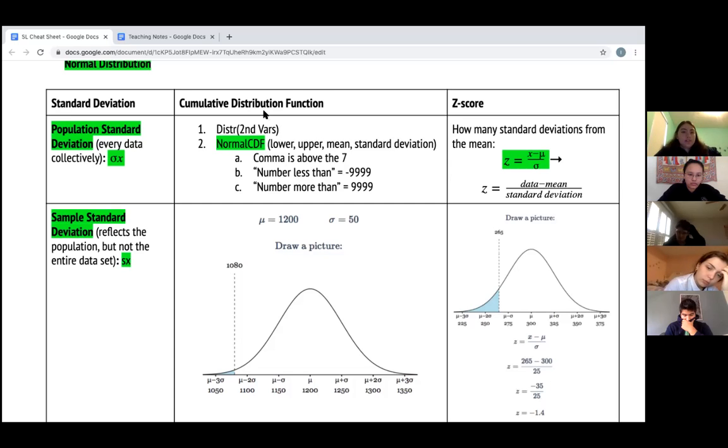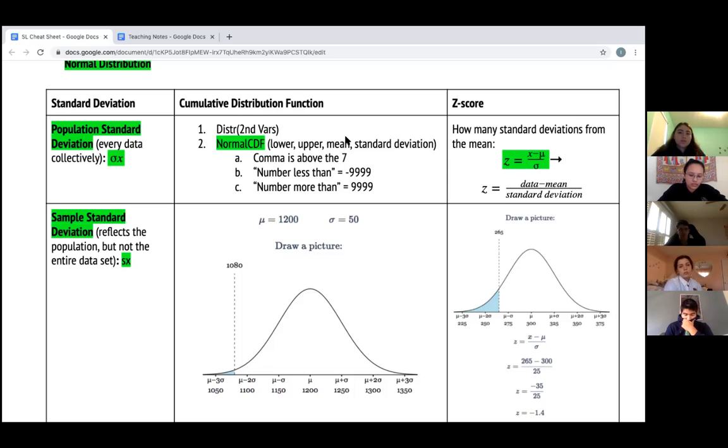The representation for that would be SX, which means sample standard deviation. A way to remember that is SX equals sample, connecting the S and the S. And this little symbol kind of looks like an inverted P, a sideways P a little bit. That's how I remember it.